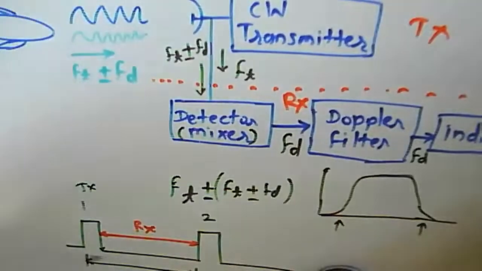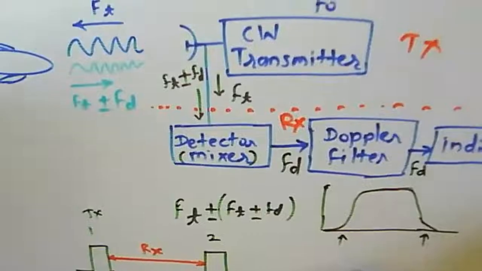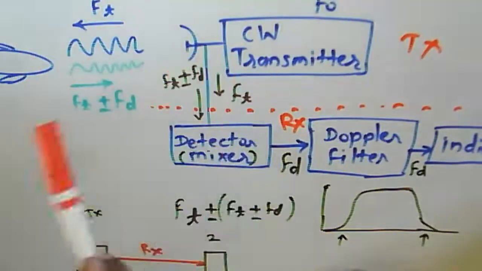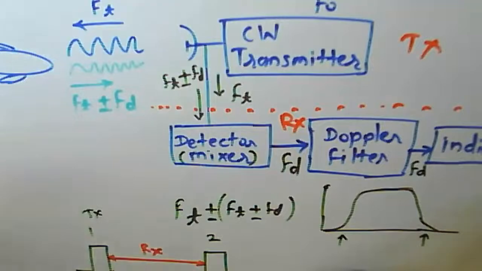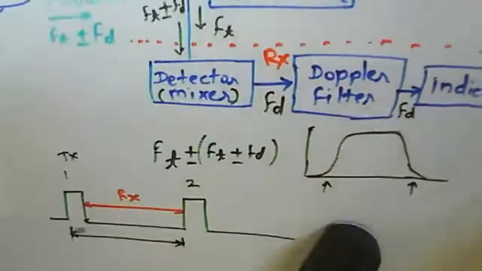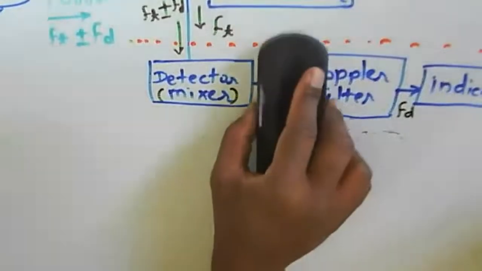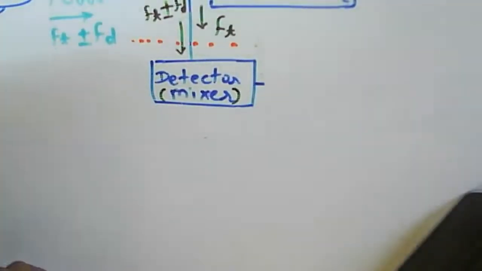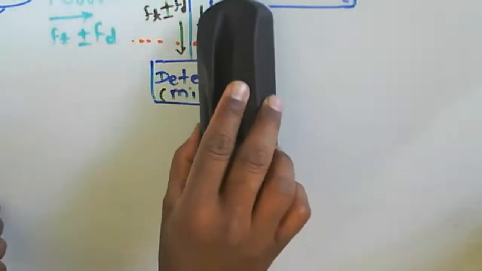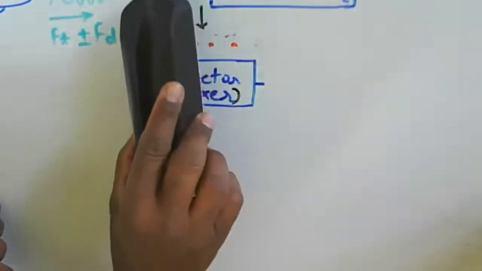Okay, so we draw the diagram here of the transmitter and receiver, because we are transmitting and receiving, again the same here, only the portion here. So what are we supposed to consider? We have a mixer, because of the transmitting signal frequency.